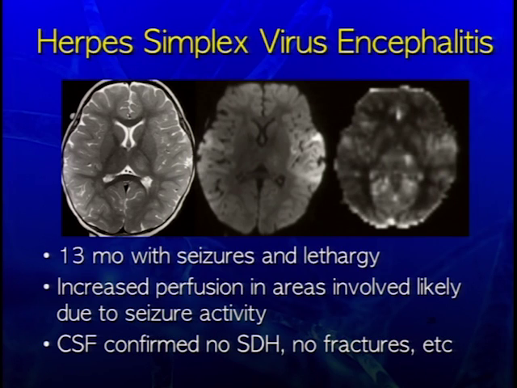So think about this when you see diffusion abnormalities in the context of seizures and lethargy. If it's raised, think about herpes simplex. That's easy to confirm on CSF testing. In this case, the increased perfusion, again, is due to the seizure activity.